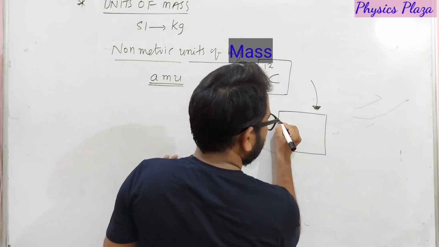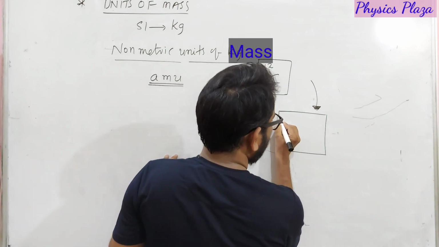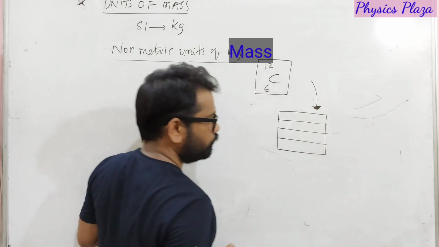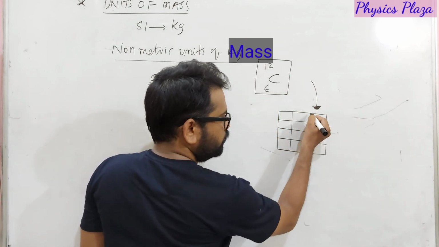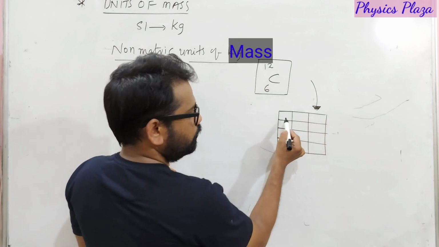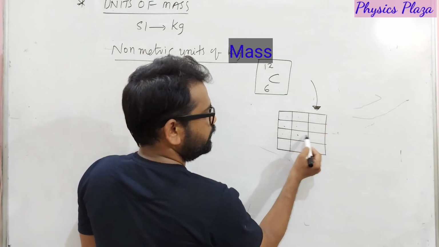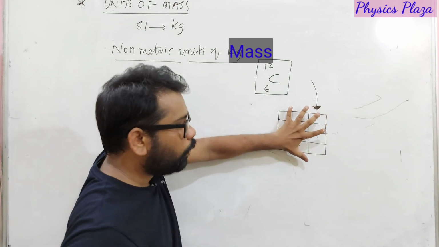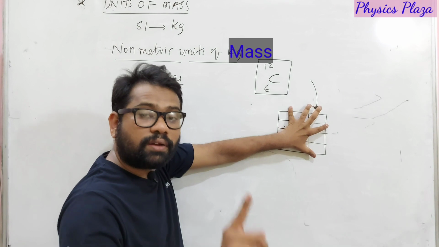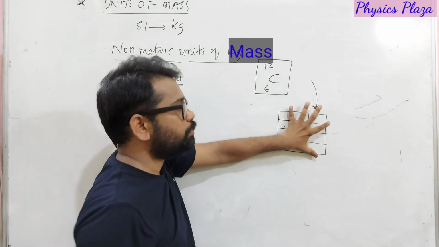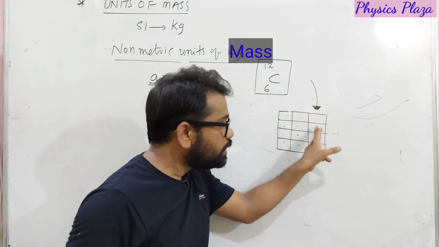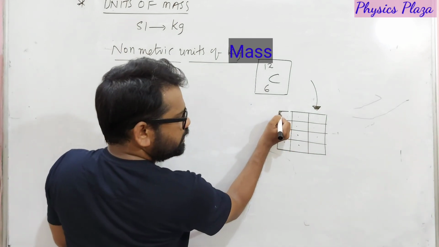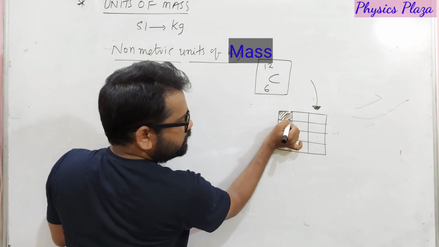So let us divide this mass into 1, 2, 3... how many parts? 1, 2, 3, 4, 5, 6, 7, 8, 9, 10, 11, 12. 12 parts we divided. So try to understand. This whole one, this entire one, is the mass of 1 carbon atom, that is C-12. We divided it into 12 equal parts. Dear children, now each equal part has some mass, right?